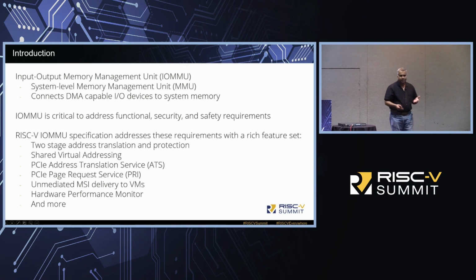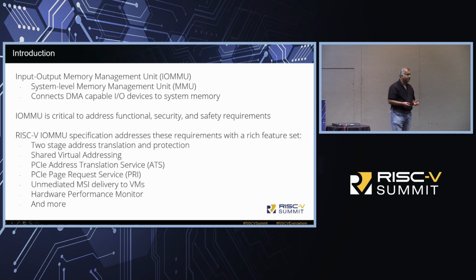Today I want to talk to you briefly about what an IOMMU does, why it's important, and some of the key capabilities that we built into the RISC-V IOMMU specification. An IOMMU is an I/O memory management unit. It's a system-level MMU, and it's used to connect DMA-capable I/O devices to system memory.